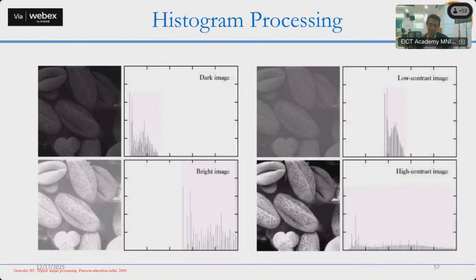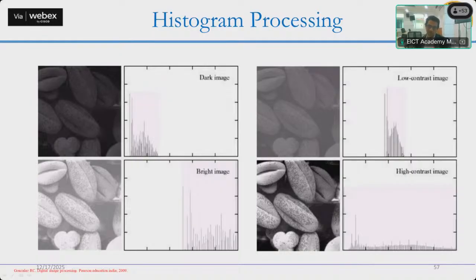Now also realize one important thing: in the dark image and bright image, this pattern has not changed. The same pattern is there, and the values are almost the same. In the bright image, it has been shifted to the right. In the low contrast image, it has been shifted to the middle part.